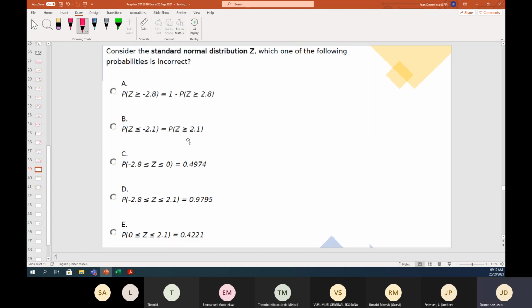Okay, cool. So for this, we need to have the Z table with us. We can't do a question like this one without a Z table. The nice one here is that we sit with basically 2.8, 2.1, 0, 2.1.